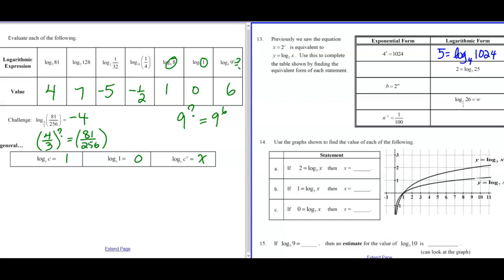So that's the exponent, that's the value of your log. This is the argument, the bases are the same. You can punch in log of 1024 base 4, and you'll get 5 on your calculator. So now 5 squared equals 25.